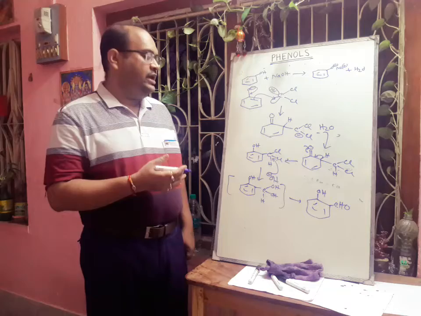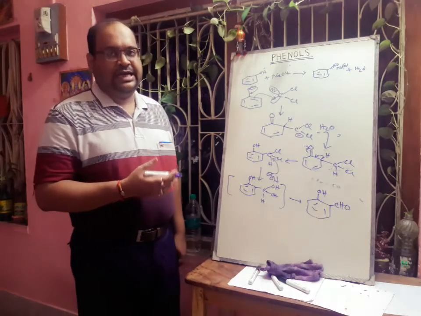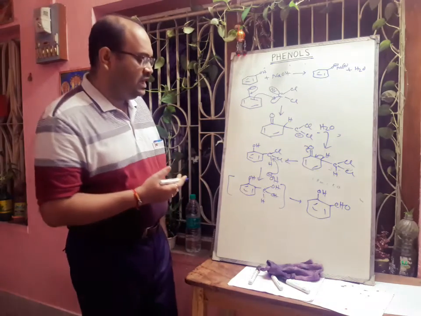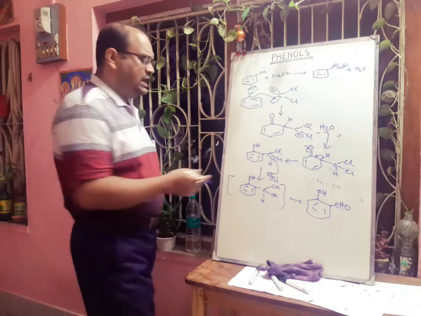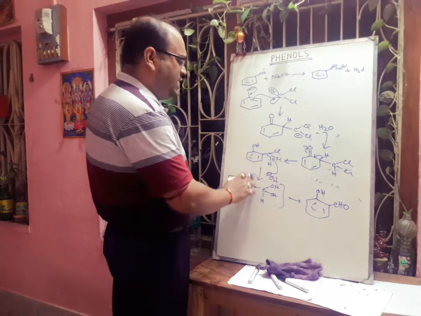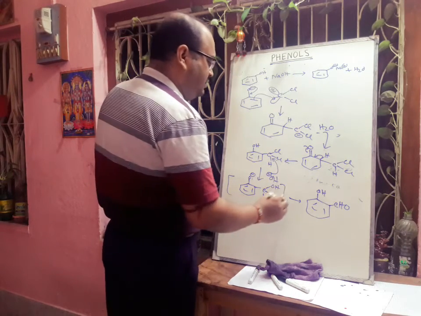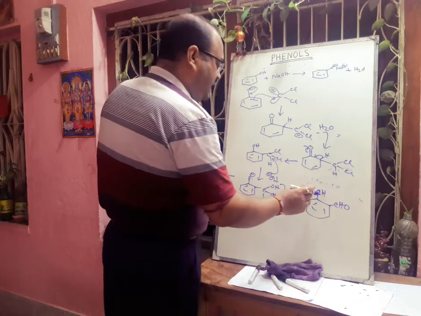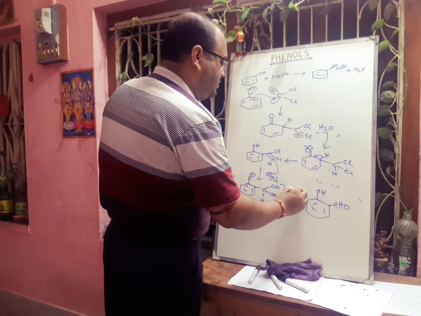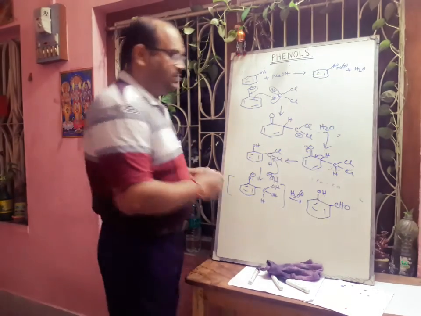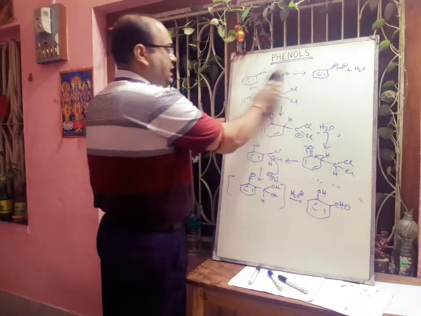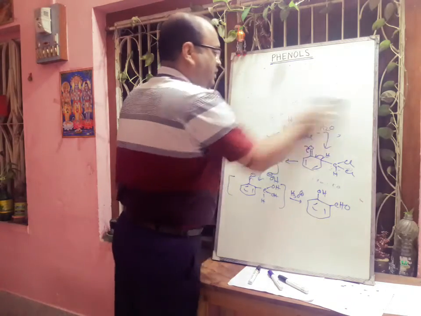So in this way we can prepare salicylaldehyde. In the final stage, a workup is also required because we are using H plus, so here there will be O minus, and elimination of water will occur, as well as an acidic workup in the last step. That will give us the corresponding salicylaldehyde product.